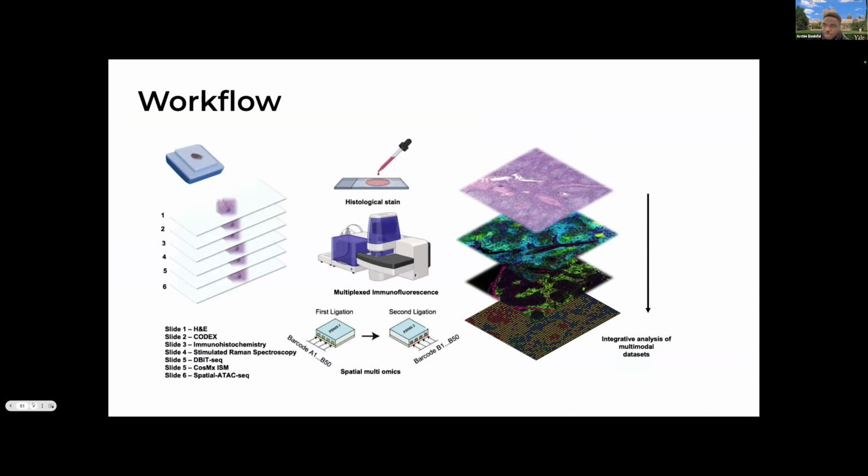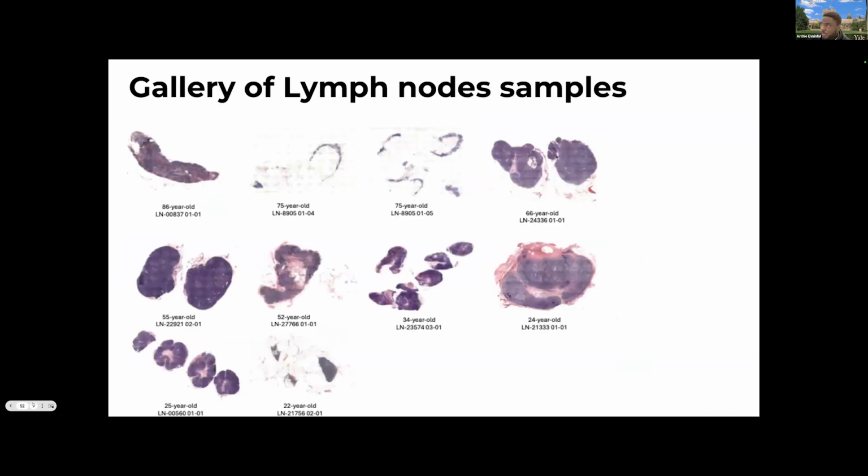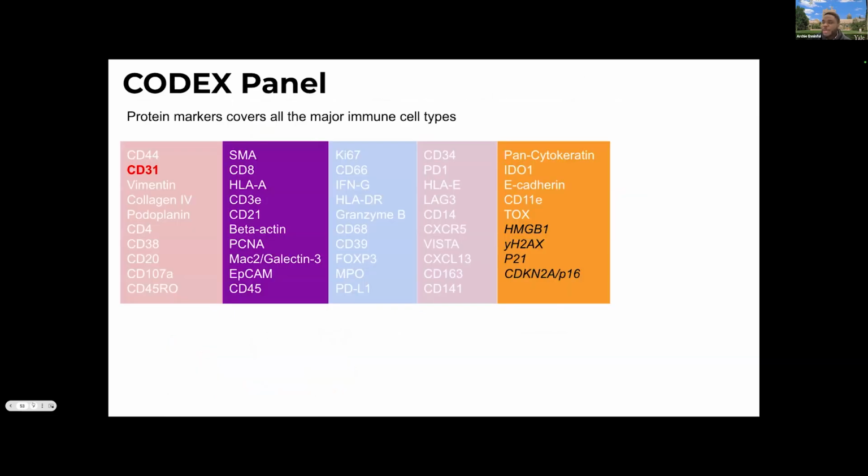But for the purposes of this presentation, I'll focus mainly on CODEX. This is just a snapshot of the histological stain from the lymph node samples we have. And our CODEX panel covers all the major immune cell types that you expect to find within the lymph node.